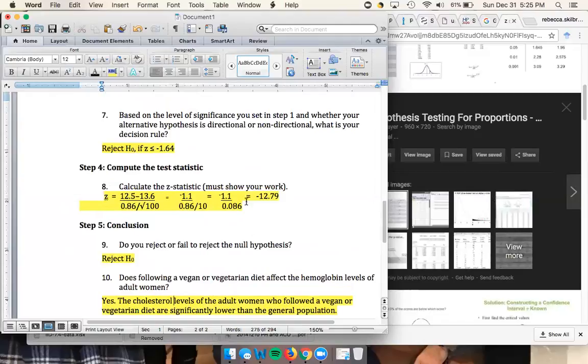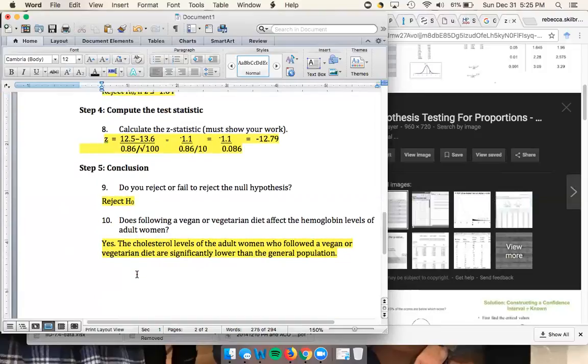Your assignment may have a very negative value too. Because this is negative 12.79, which is much less than negative 1.64, based on our decision we will reject the null. So we rejected it. And what does that mean? That means that the cholesterol levels of women who followed a vegan or vegetarian diet were lower than the general population.